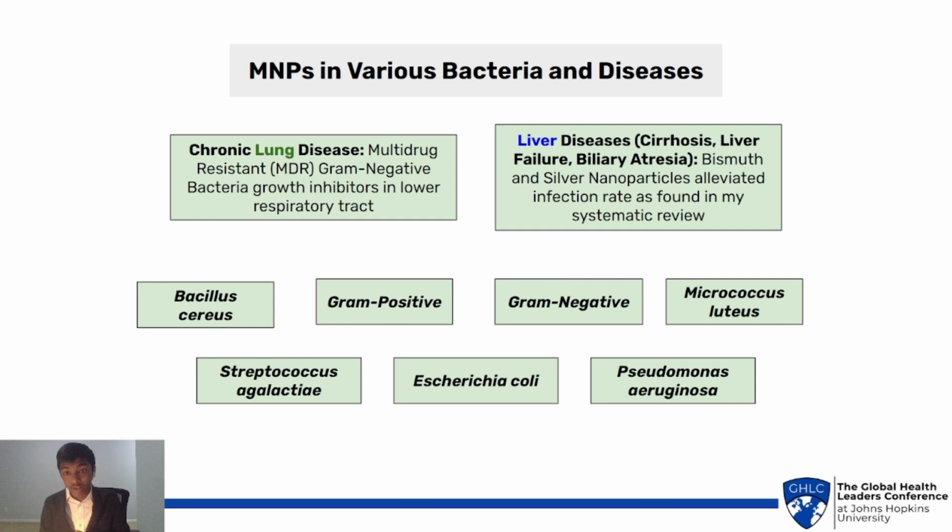Bismuth and silver nanoparticles alleviated infection rate by 75 to 100 times, as found in my systematic review, once again. As you can see, you have 7 of these bacteria which MNPs, metal nanoparticles, can help in, and the list goes on for the number of bacteria they can combat.